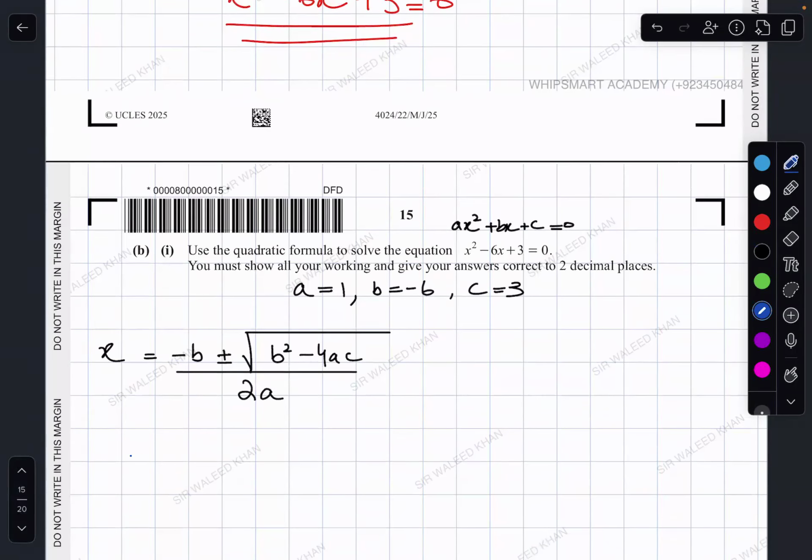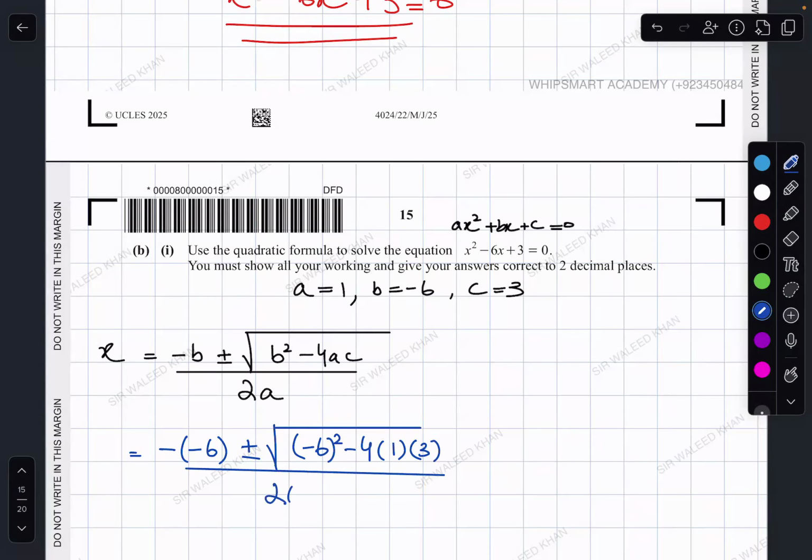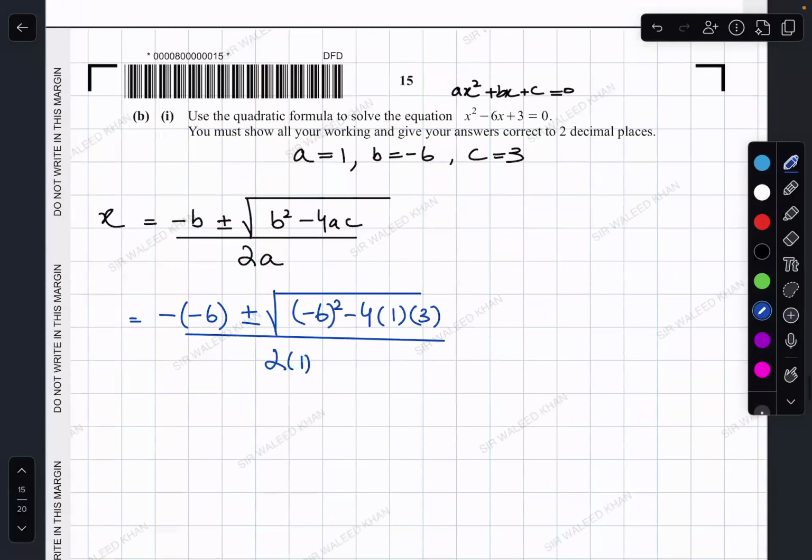So use brackets. Minus 6 plus minus under root of b squared, which is minus 6 squared, minus 4 times a, which is 1, c, divided by 2 times 1. So show one more step. You solve within the root. Okay.